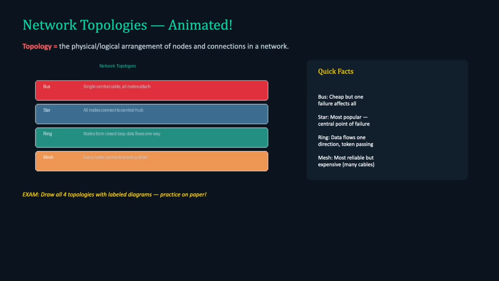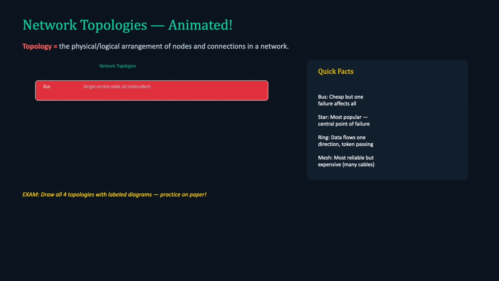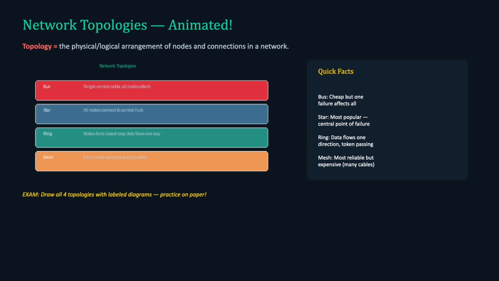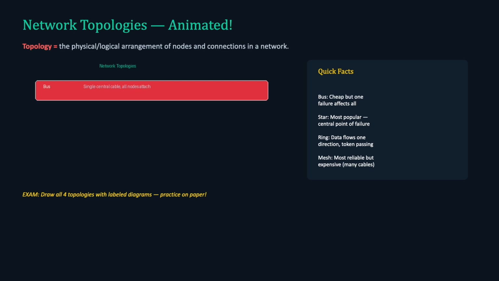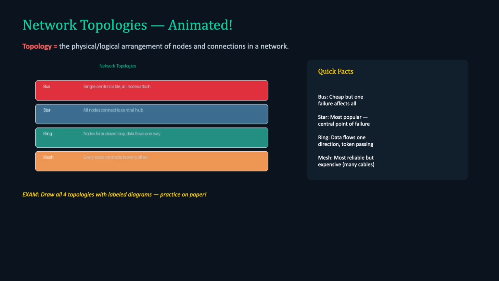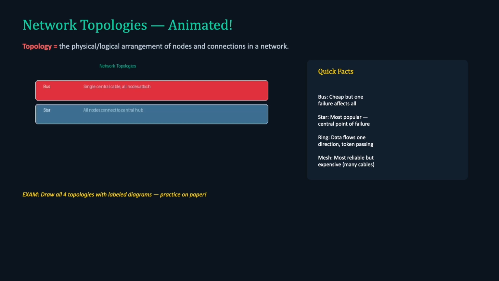Topology means the physical or logical arrangement of nodes and connections in a network. Watch the four main topologies appear. Bus topology uses a single central cable that all nodes are attached to. Cheap, but one cable failure breaks everything.